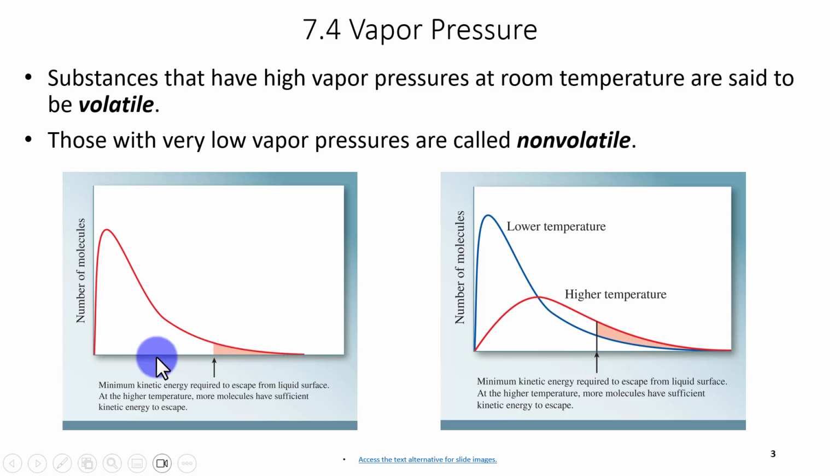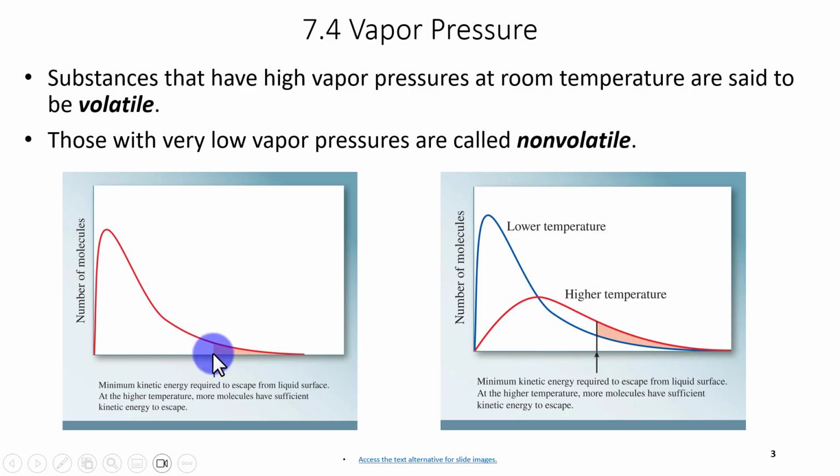So if I'm looking at one temperature over here, the lower temperature, if you will, I have marked the minimum kinetic energy that is required versus the number of molecules here, right? So if all of these are fractions of my molecules, inside this curve is all of the number of molecules that I have in the liquid.